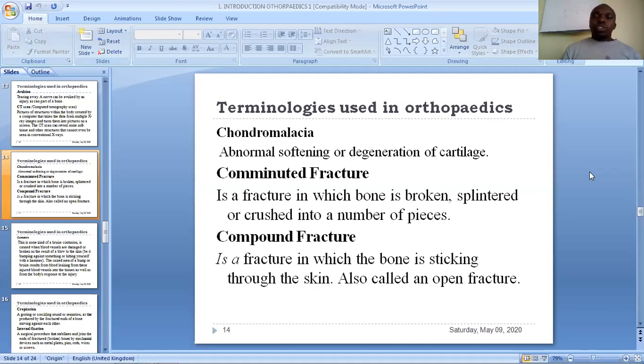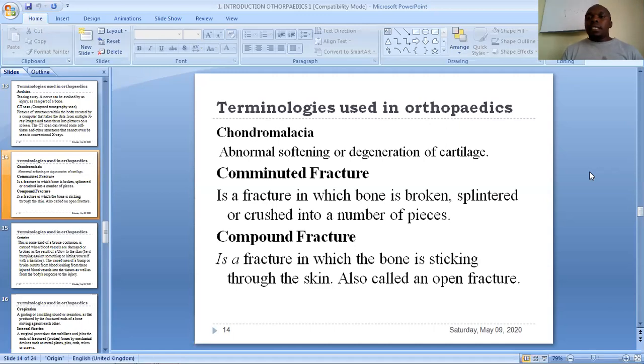The other terminology to look at is compound fracture. This is a fracture in which the bone is sticking through the skin, also known as open fracture. You'd recall that there are about 6 classifications of fractures, and one of them is open fracture.